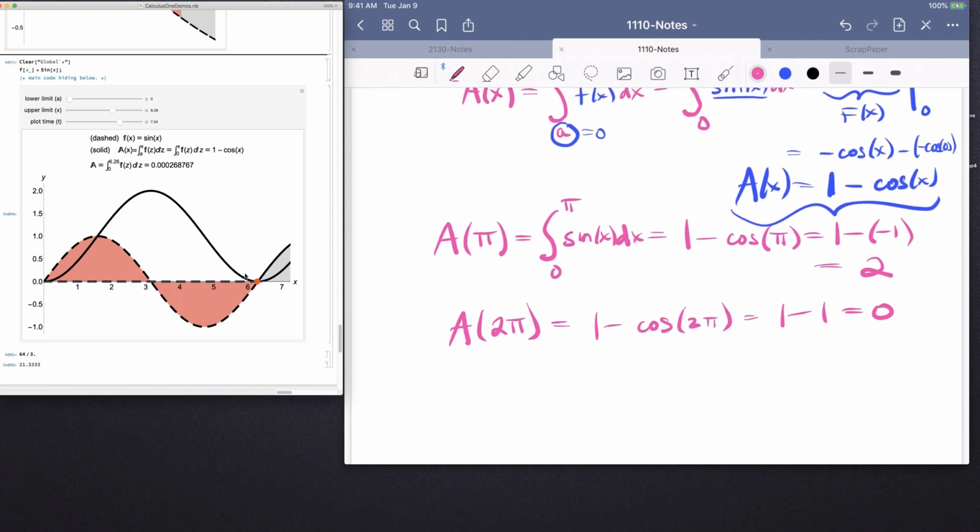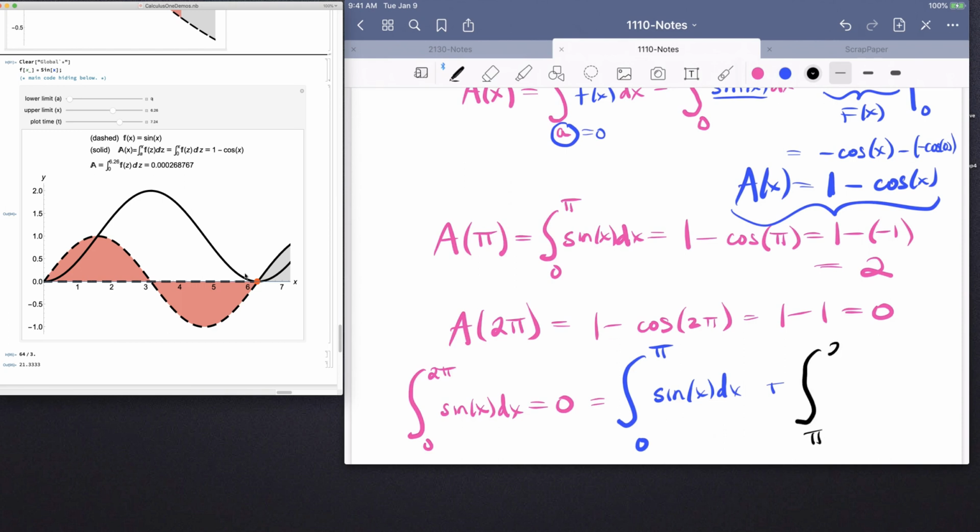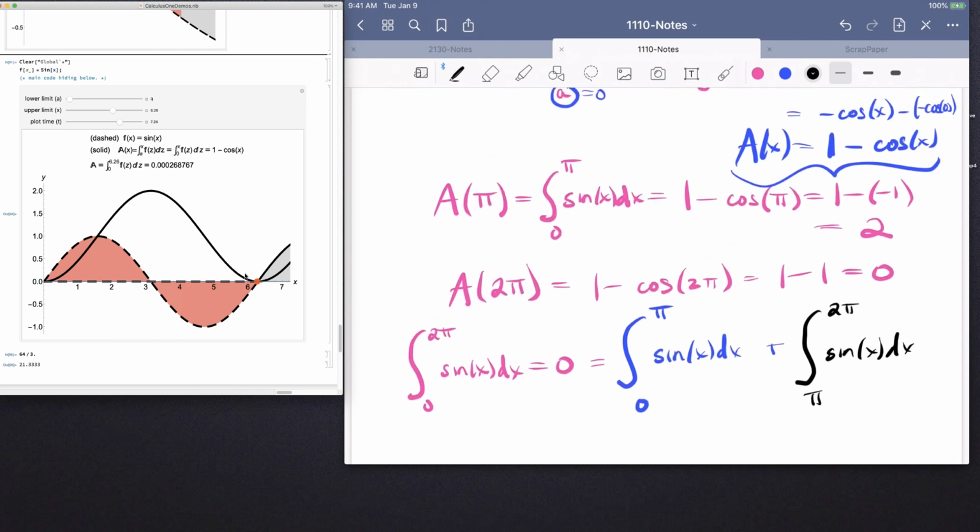So one thing we can say is that the definite integral from 0 to 2 pi of the sine of x function is equal to 0. And that area splits up into the integral from 0 to pi of sine of x dx plus the definite integral from pi to 2 pi of sine of x dx. Now we know that this definite integral comes out to be 0. We've split this definite integral into two pieces.